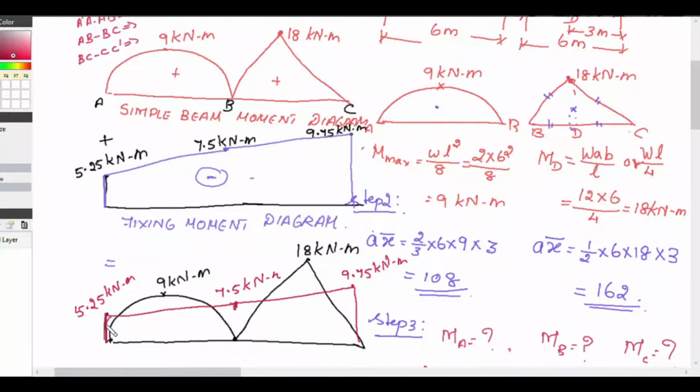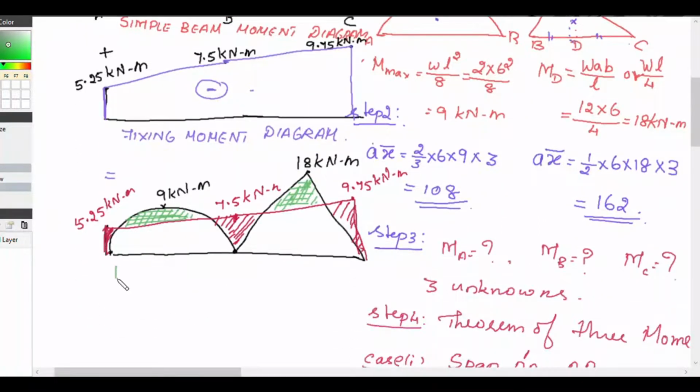This is negative. At all these supports we have negative bending moment, and at the remaining portions of the beam we will have positive bending moment. This is called the bending moment diagram.